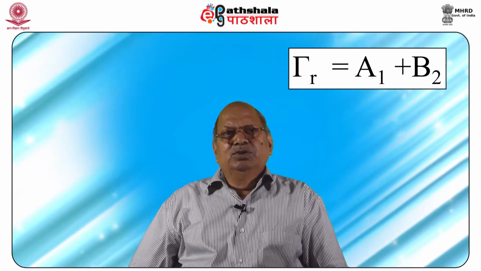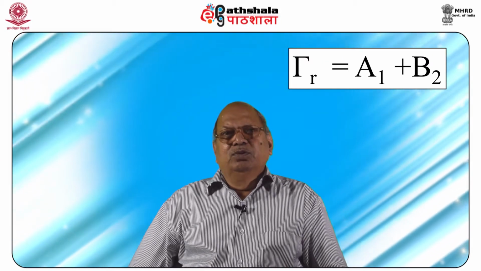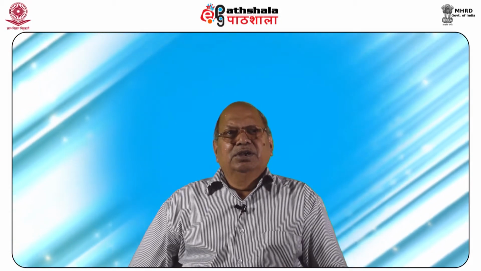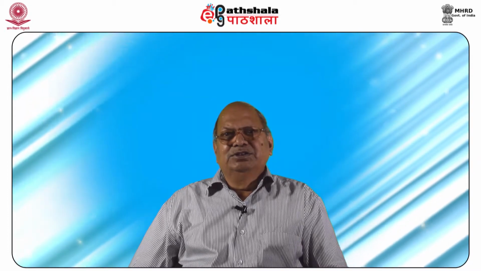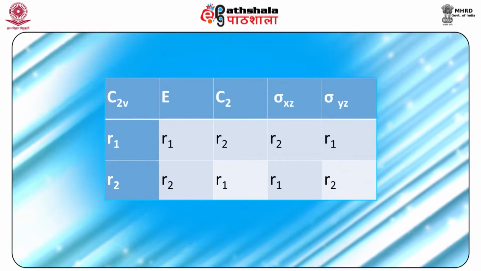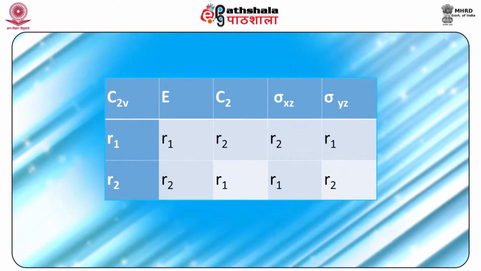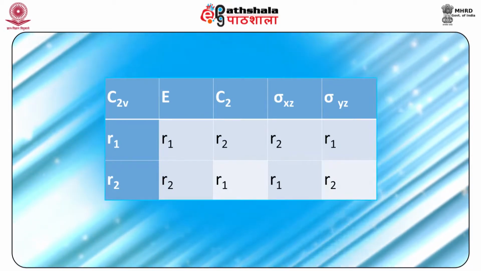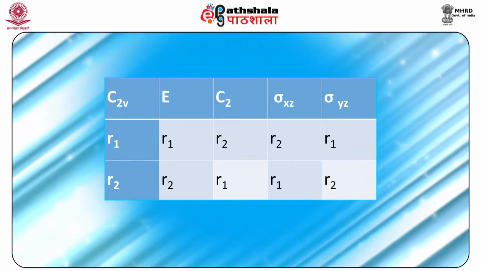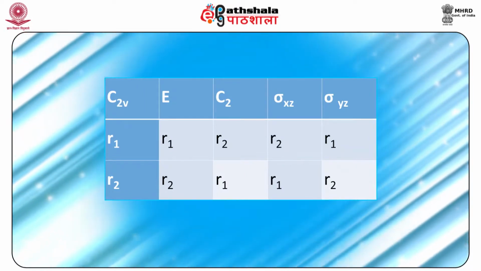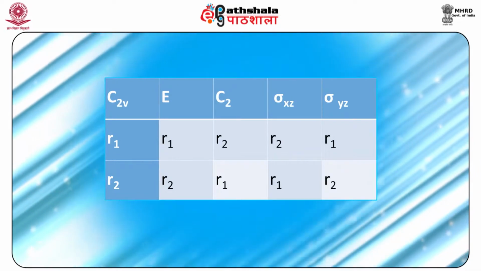Step 4. Using the projection operators corresponding to a1 and b2, that is A1P and B2P, on R1 and R2 orbital functions, we can get the SALC of LGOs, that is 2s orbital fragments of 2 hydrogen atoms, and this summarizes the effect of A1P and B2P on R1, R2 orbital functions over here, that is how they behave.